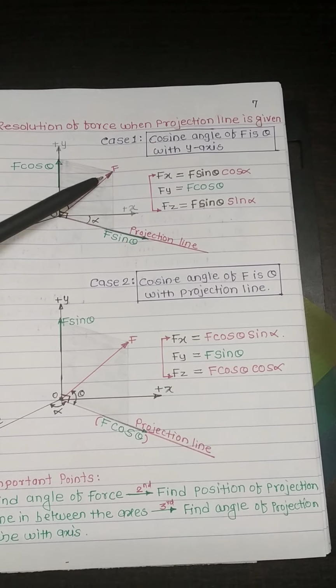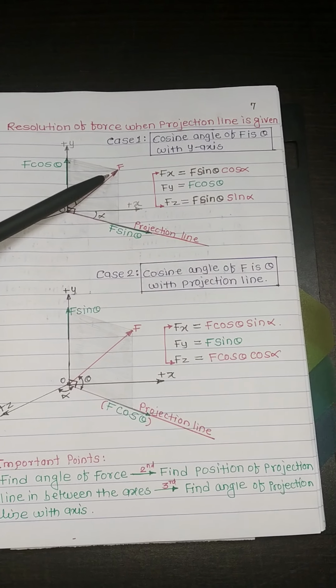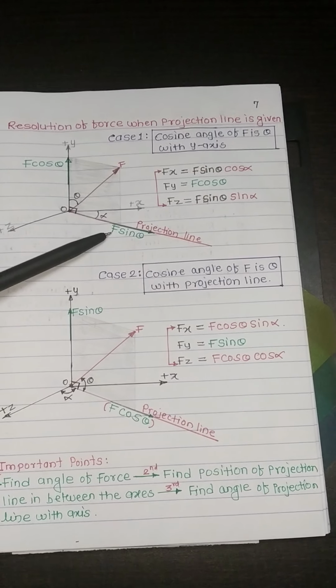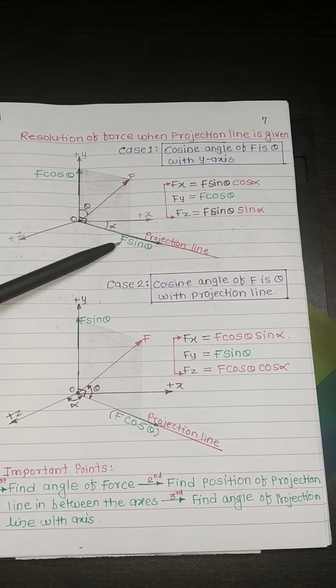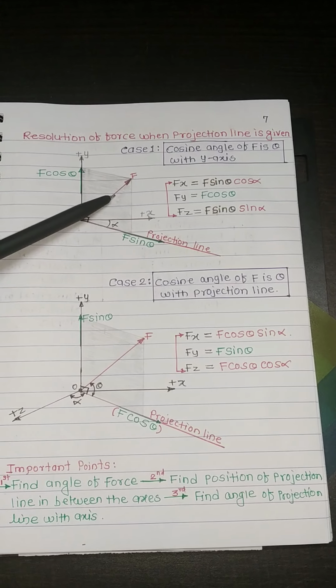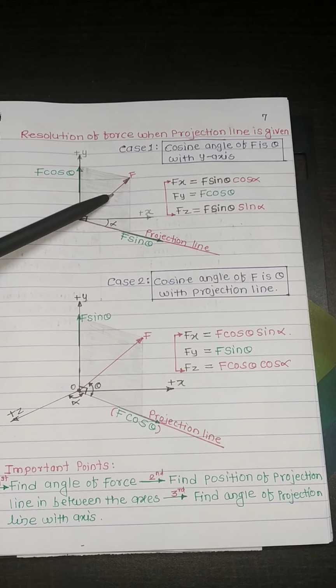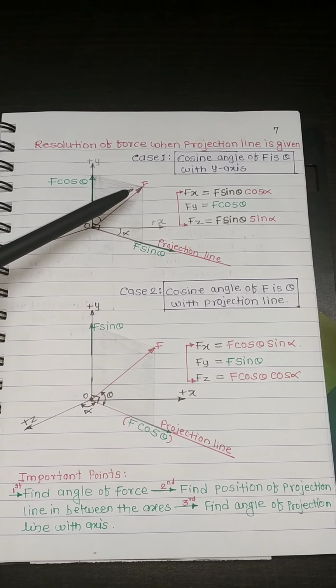To resolve this force F with respect to the xyz axes, when the projection line is given, a few points you need to identify. The very first point is to find the angle made by the force with any axis or any line.